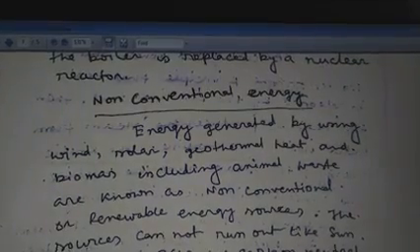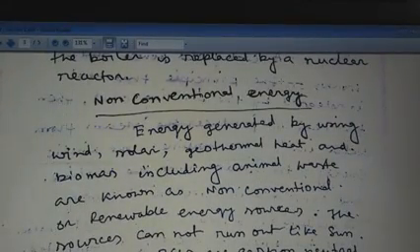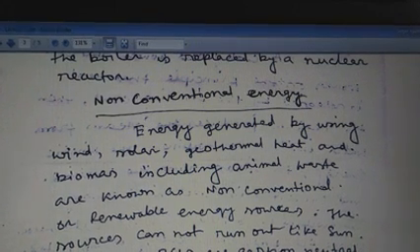First point, due to the low energy density of renewable energy sources, large size plants are required, and the cost of investment is very high compared to other plants. Next point, these energy sources are intermittent and also lack dependability.